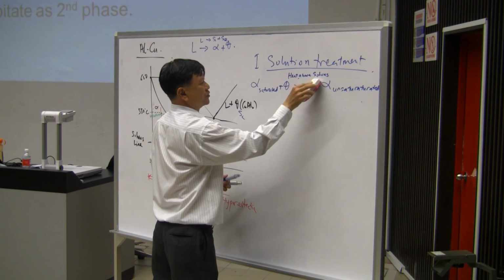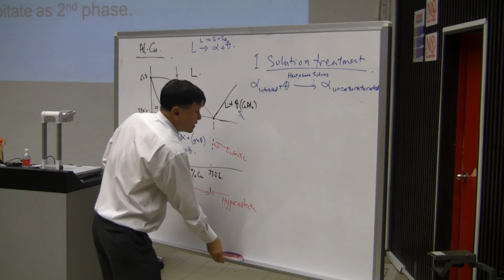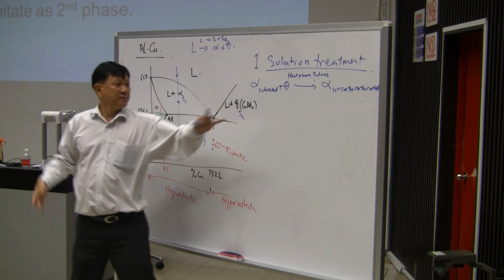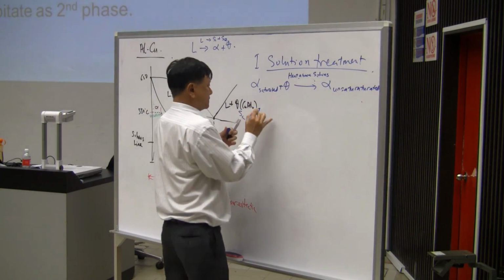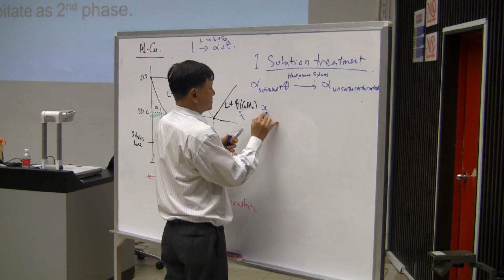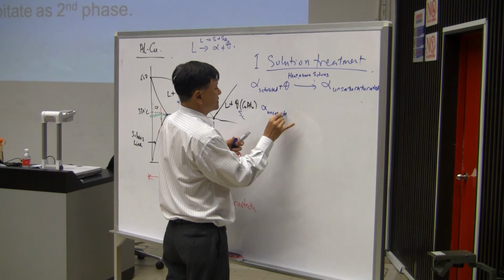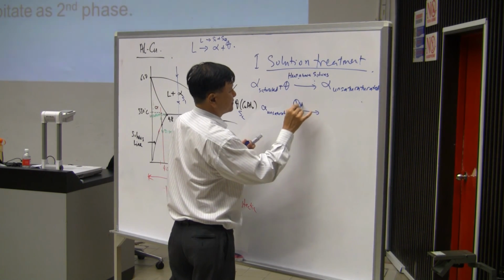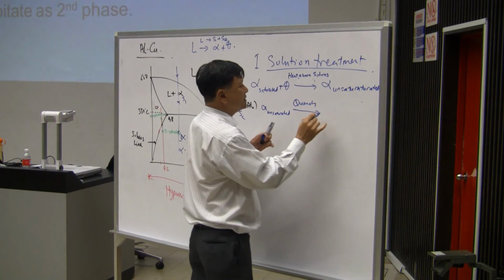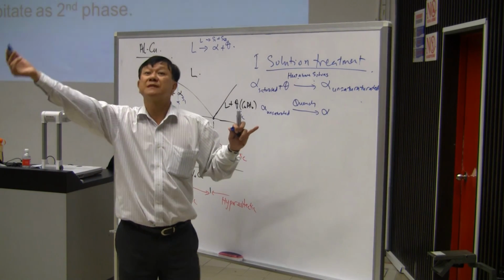I will do it in two parts, then you don't get confused. When I heat it above, it becomes unsaturated, alpha unsaturated. When you quench, what happens? It becomes alpha supersaturated.